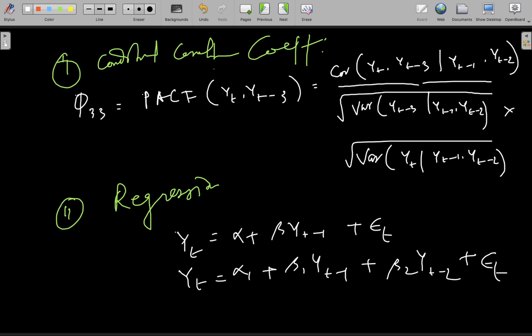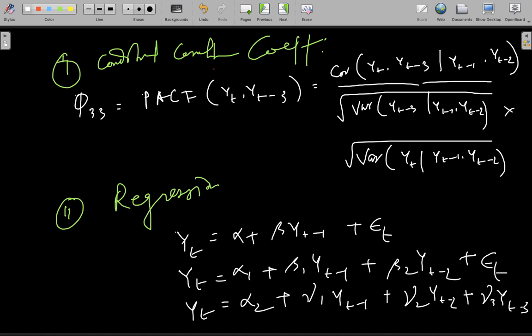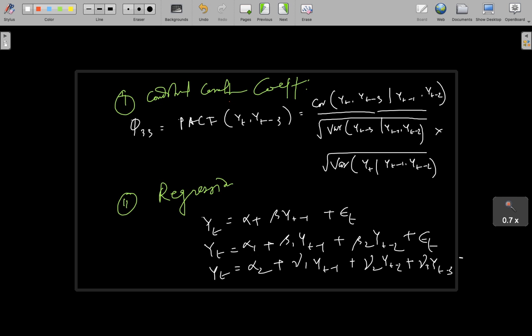Or if I am using an AR(3) model, let's use gamma: gamma 1 yt minus 1, gamma 2 yt minus 2, gamma 3 yt minus 3, and my epsilon t term. This is equation 1, equation 2, and equation 3.